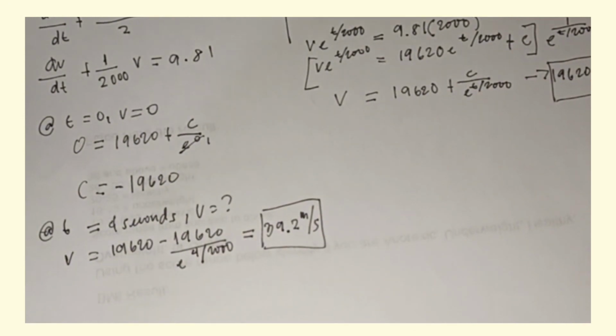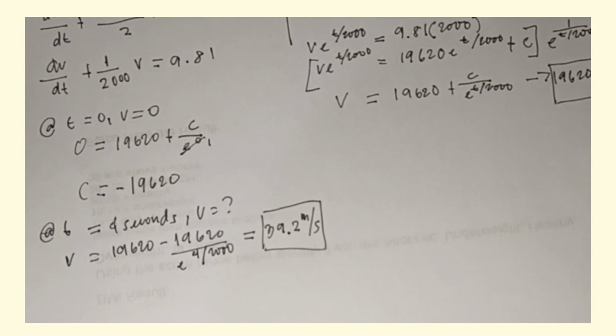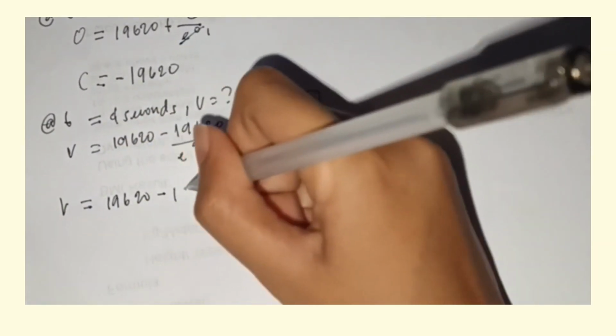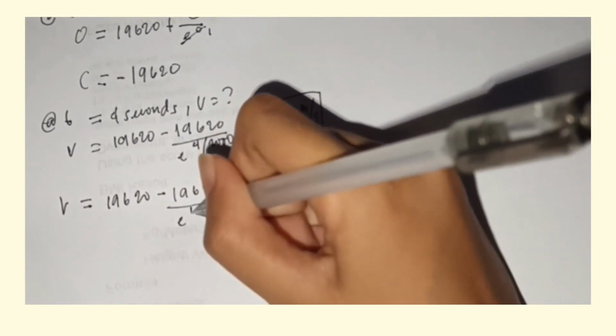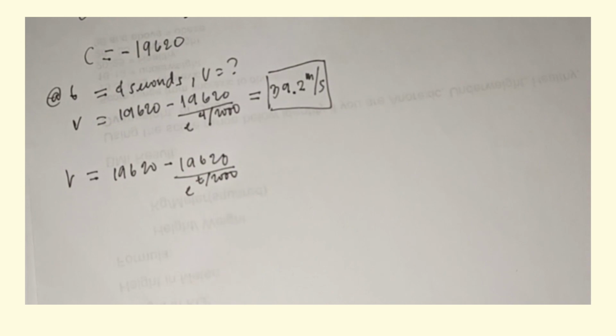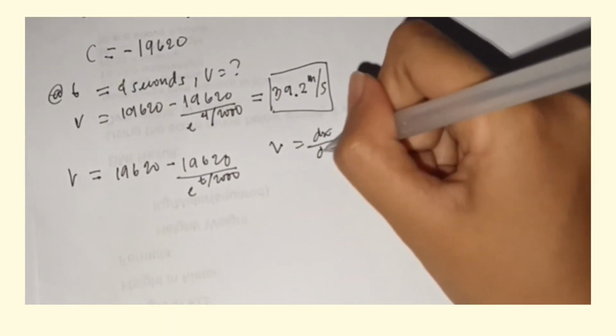What is the distance traveled by the ball after 4 seconds? We know that our velocity at any time t is 19620 minus 19620 over e raised to t over 2,000. The relationship of distance and velocity is that velocity is the change of displacement with respect to time.